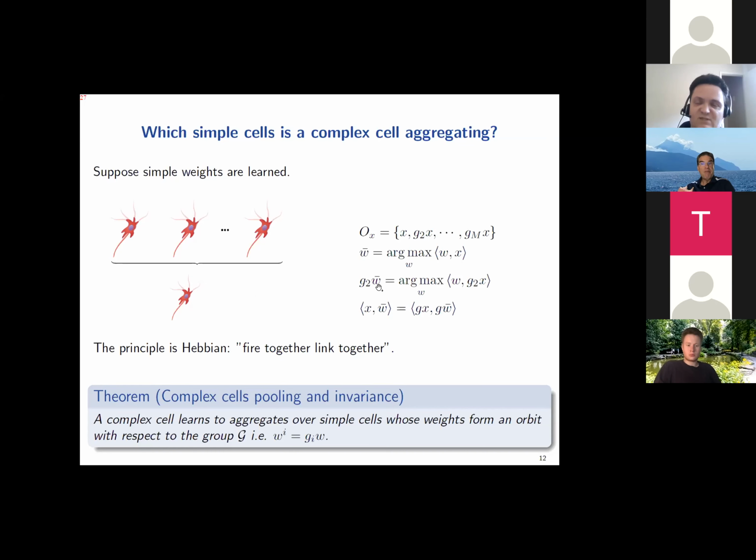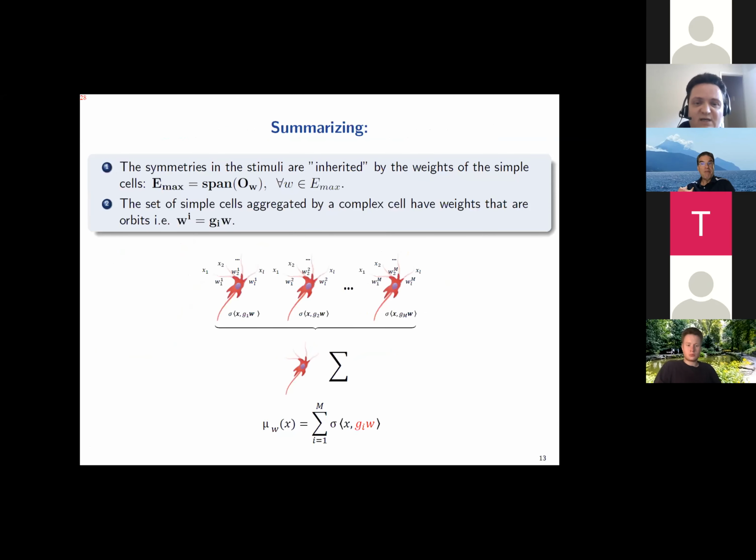So just to summarize, what you can find with this very simple algebraic reasoning is that the complex cells will learn to aggregate over simple cells whose weights form an orbit. And this is a very simple argument that I can make a little bit more precise and complex, but this very simple argument allows you to justify the emergence of the properties of invariance and equivariance for your neural signature.